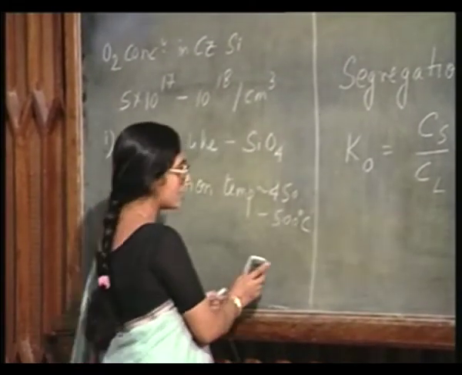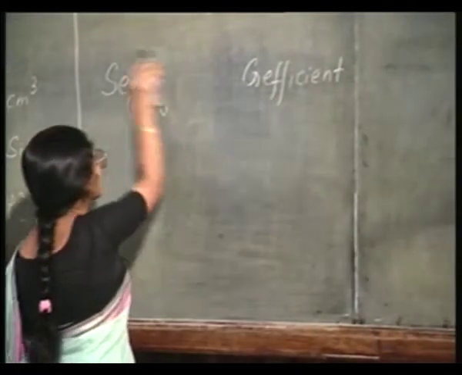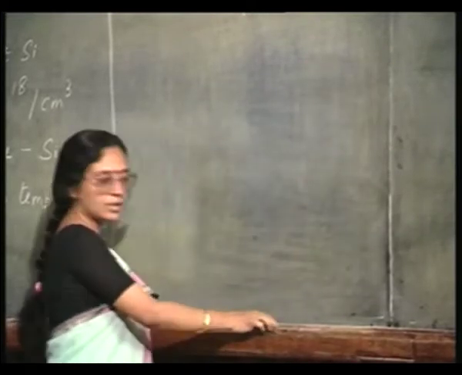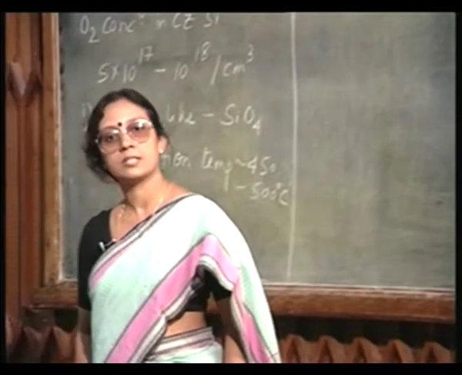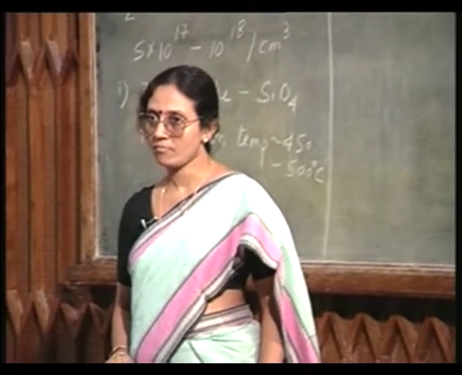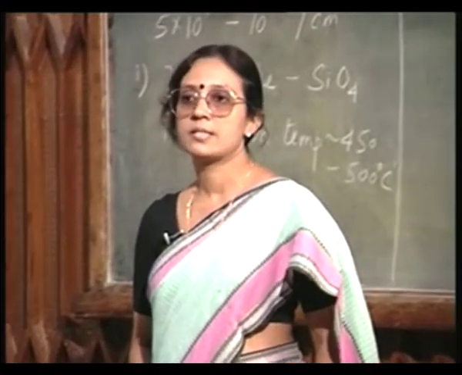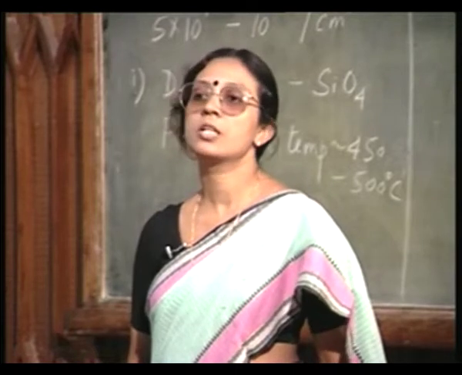Remember, this is only the 5% of oxygen that is not in the interstitial site. 95% of the oxygen is incorporated in the interstitial sites. So, this oxygen in the interstitial site is, you could say, beneficial to silicon.